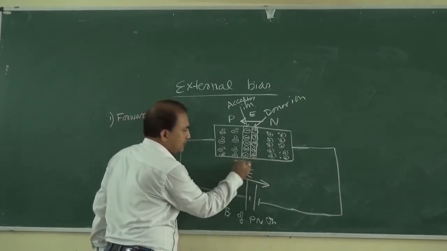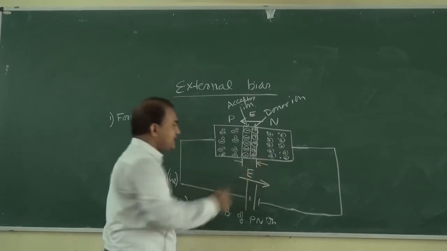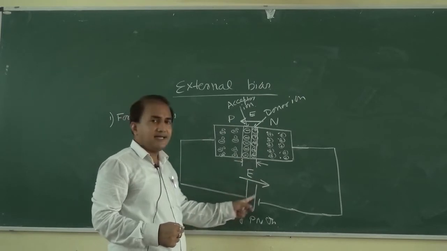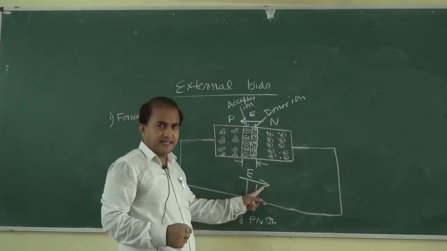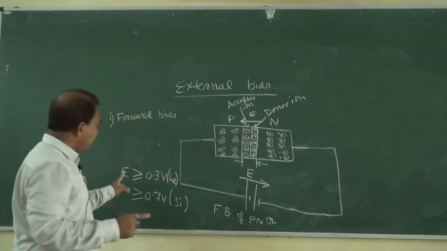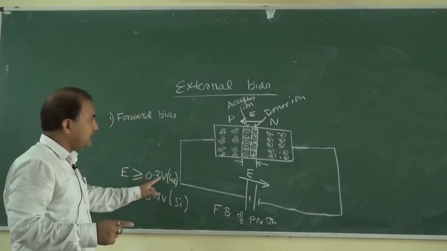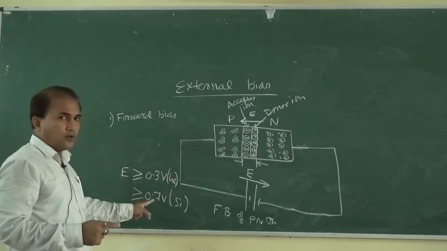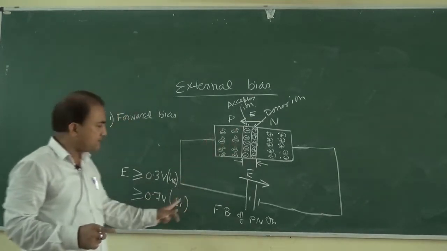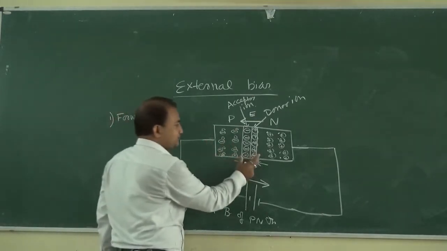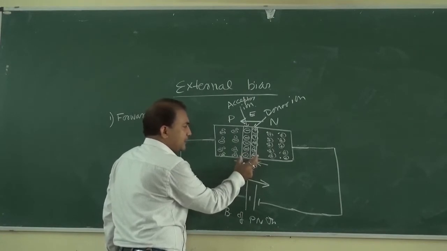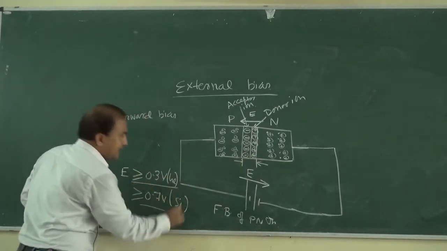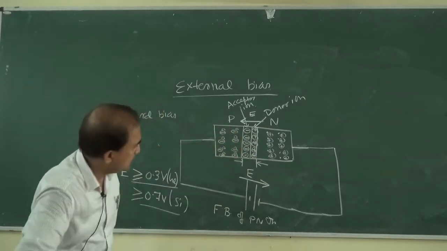This is the depletion depth. It starts decreasing with the increase in the forward bias voltage. Once E is greater than or equal to 0.3 volt, if the P and N types are made of germanium, and greater than or equal to 0.7 volt, if they are made of silicon, the depletion region or depletion depth starts decreasing, and under this condition it is almost equal to 0.